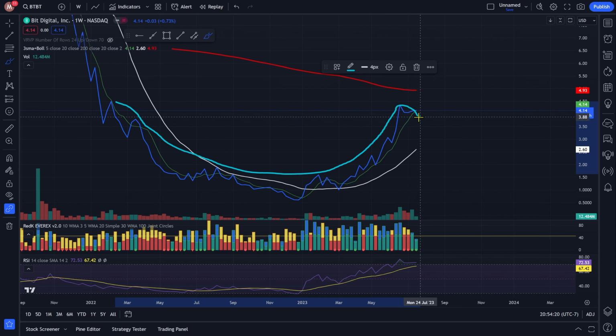Even if we came all the way down to this level, that would still be a handle, where we could easily see it turn around, test the 200, bounce around a little bit, and then continue on upward from there to higher highs.